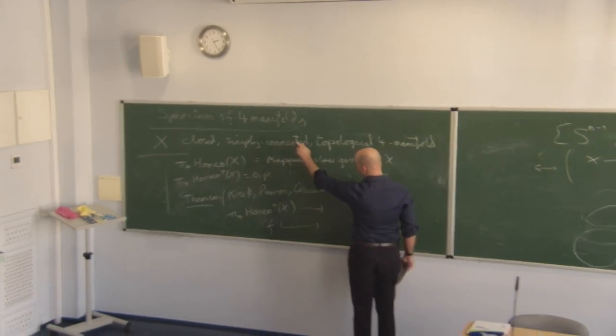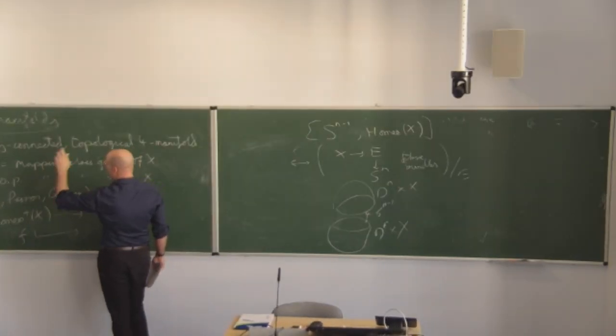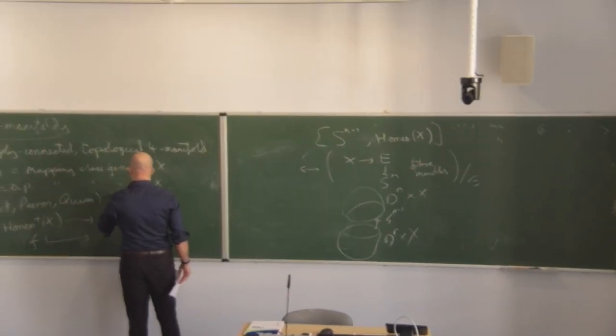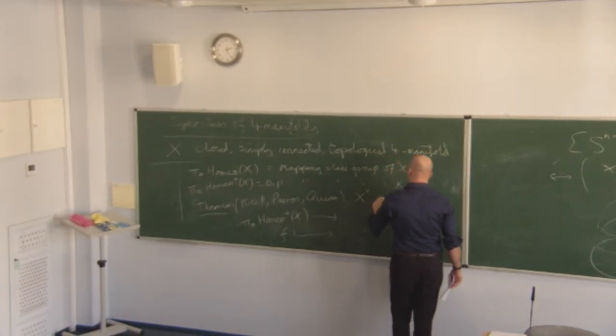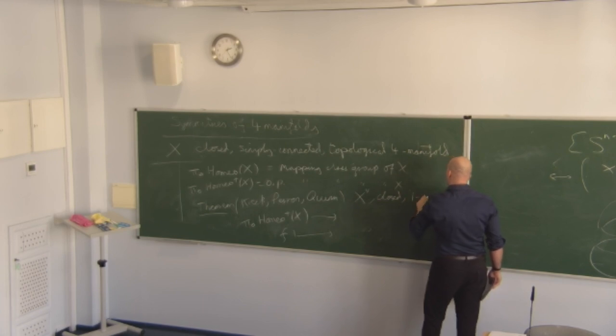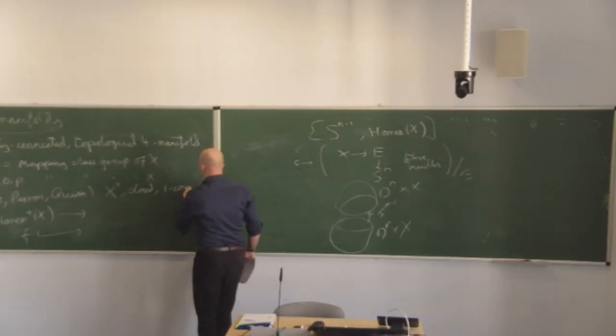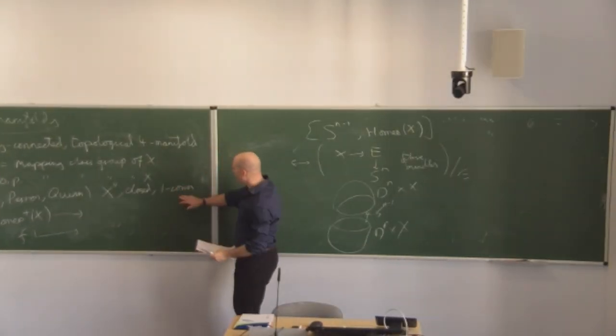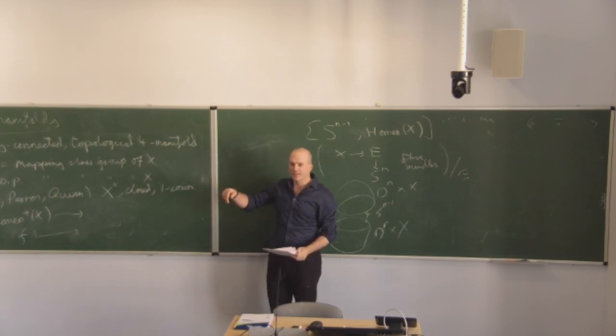So now X is closed and one connected again. I'm going to write one connected instead of simply connected because it's quicker and it means the same thing.